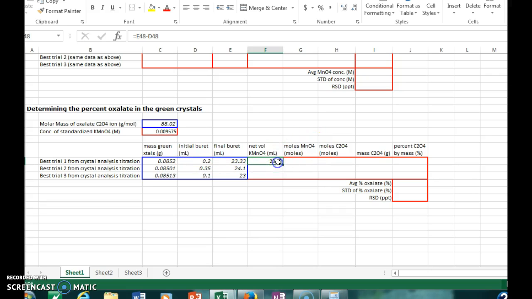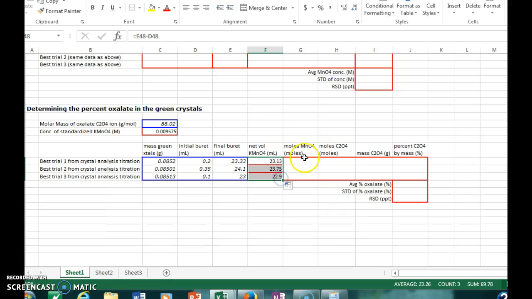And then you just need to click and drag to find moles of permanganate. Just think of the equation molarity equals moles per liter. Here's your molarity. These are going to be your liters. You're going to have to convert them to liters because right now it's in milliliters. But to find moles, it's just going to be molarity times liters. Okay? So I'm going to click this box.